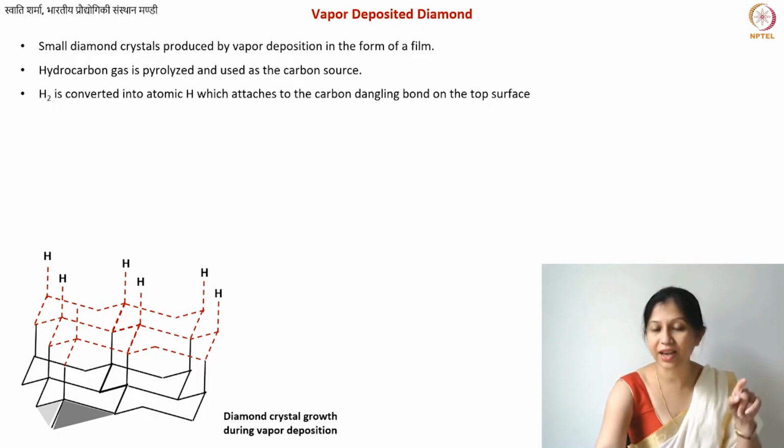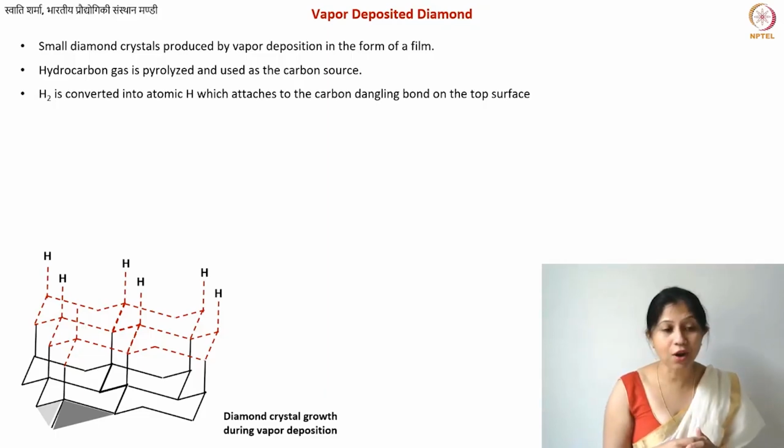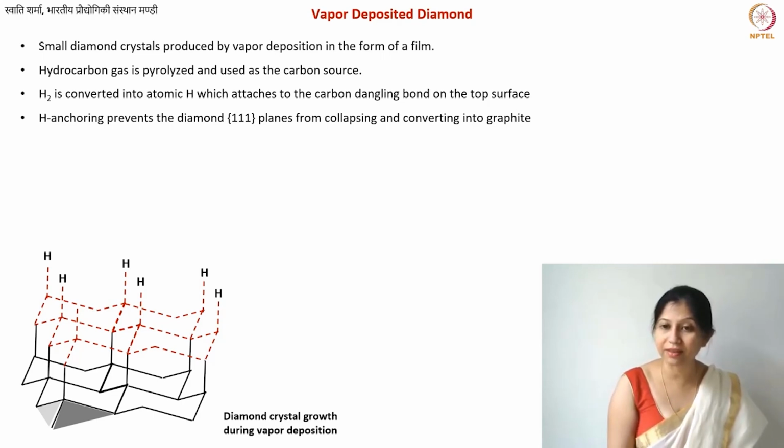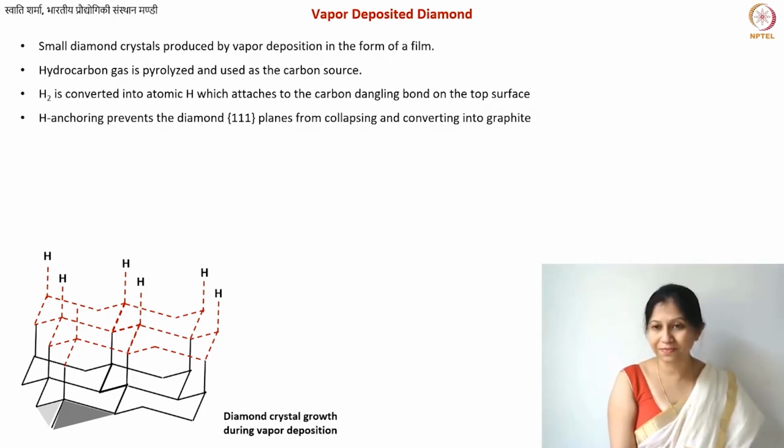Later on, this hydrogen is replaced, and then you get another film of diamond. So in order to maintain the sp3 type bonding, it is very important to have hydrogen there, and this is the special thing about CVD of diamond, something that you don't have in the case of any graphite related materials. So atomic hydrogen is very important.